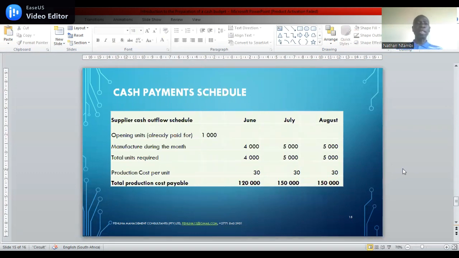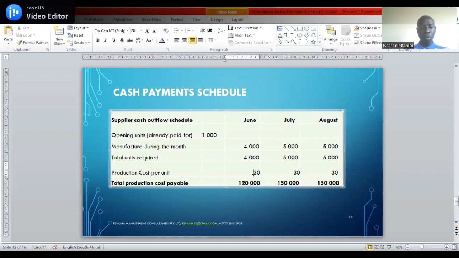Meaning, therefore, that the total units to be manufactured in June are going to be at $30 per unit. The same applies to July, which is 5,000 at $30 per unit. And lastly, August, which is also $30 per unit.